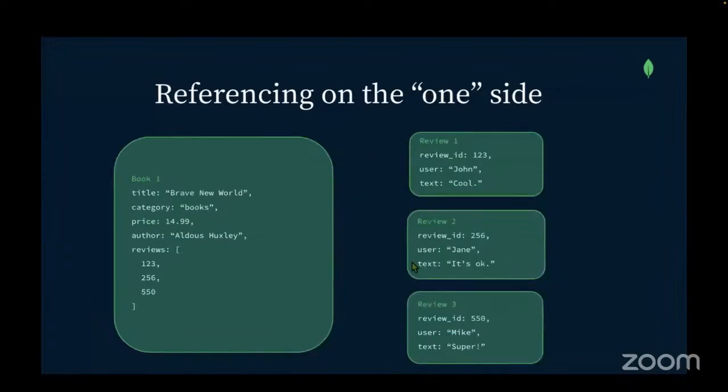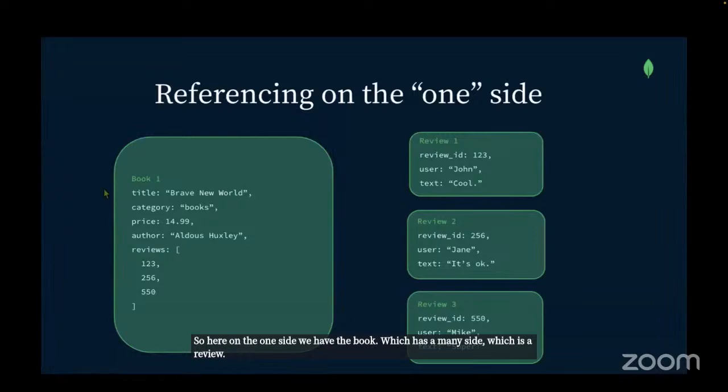You can also reference on the one side, and this is what I was talking about earlier, where the book document would contain a reference to the reviews collection. So here on the one side, we have the book, which has a many side, which is a review.